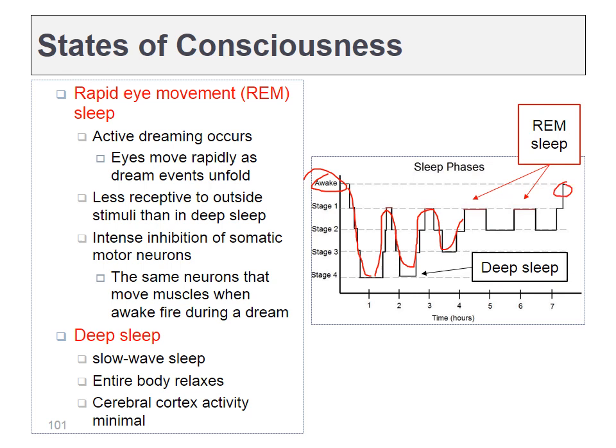The EEG pattern during deep sleep is a lot slower, whereas during REM sleep, the frequency of the stimuli is a lot higher. During REM sleep, furthermore, our eyes move rapidly. This is where it gets its name for rapid eye movement sleep.